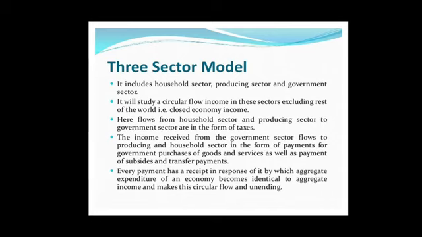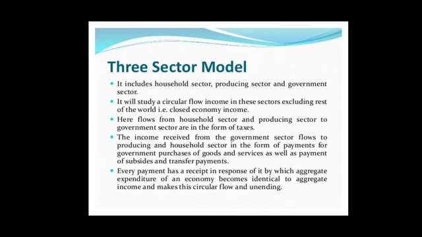Here flows from household sector and producing sector to government sector are in the form of taxes. The income received from the government sector flows to the producing and household sector in the form of payments for government purchase of goods and services, as well as payment of subsidies and transfer payments to the businesses and households.